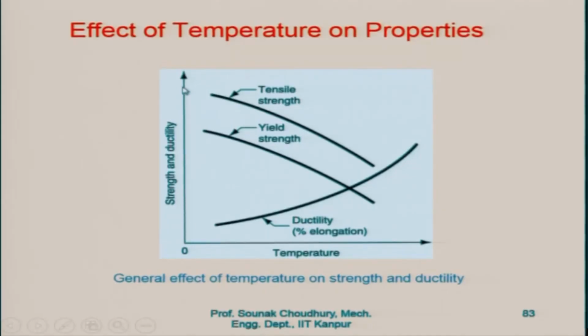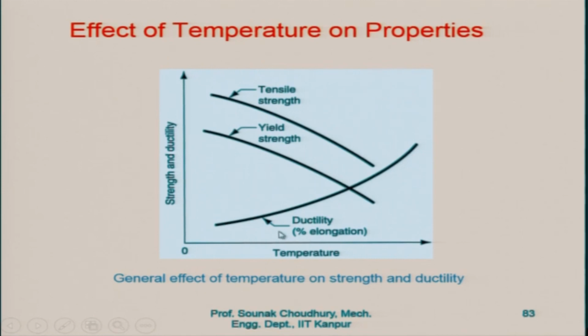understand. Let us say here it is the strength and ductility, we will put it on the y axis, okay, and the temperature we will put it on the x axis. So, tensile strength, yield strength and the ductility given in percentage of elongation, all right. Now, as you can see, they behave differently as the temperature is increased.